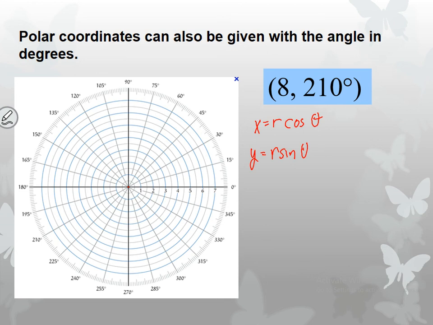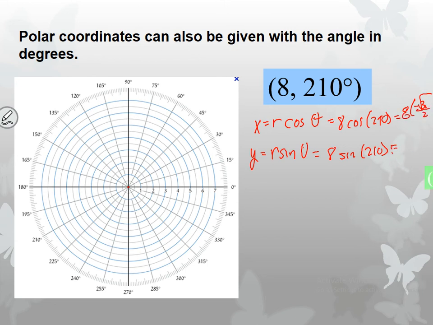So now what is r? 8. So we go 8 cosine 210. And down here we go 8 sine of 210. So what is cosine of 210? Negative root 3 over 2. So we got 8 times negative root 3 over 2.